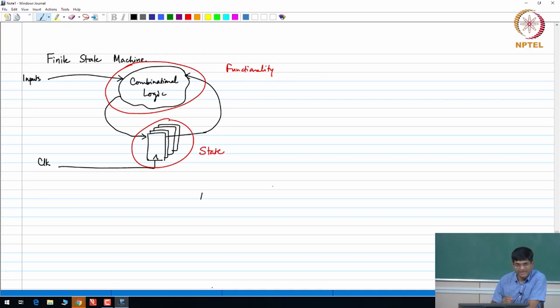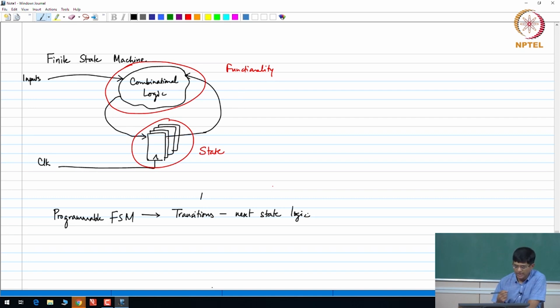The most interesting generalization of this idea of a finite state machine is to take it forward into something called a programmable finite state machine. The idea over here is that the transitions, or the next state logic, can be stored in some kind of memory elements themselves.